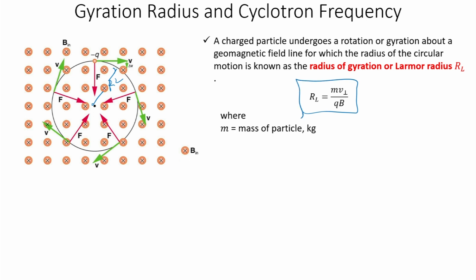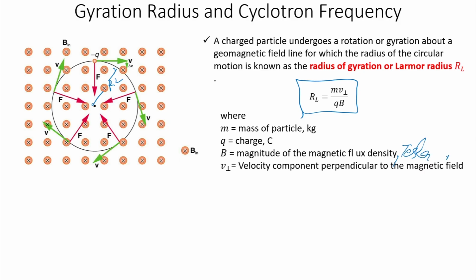Here m is the mass of the particle in kg, q is the charge in coulomb, and B is the magnetic flux density, for which we will use the unit Tesla. And v perpendicular is the velocity component perpendicular to the magnetic field direction.